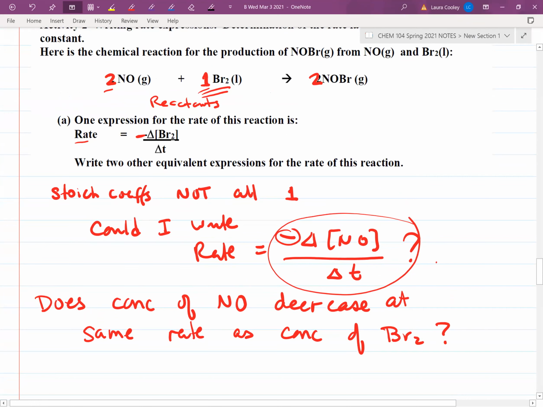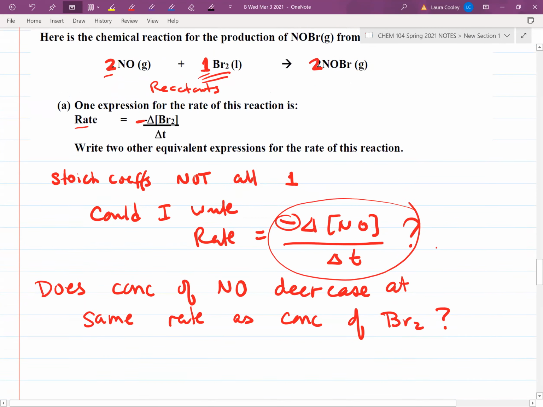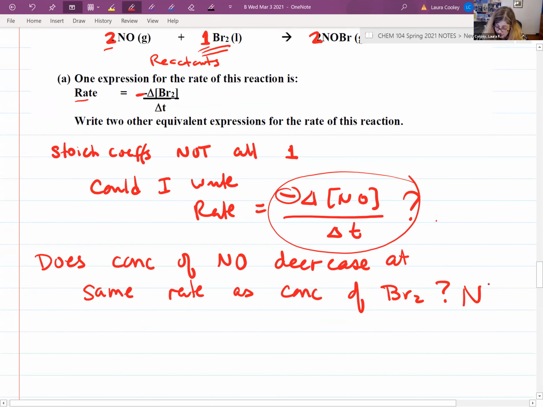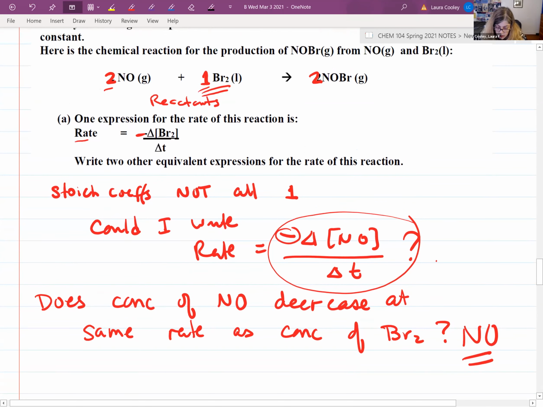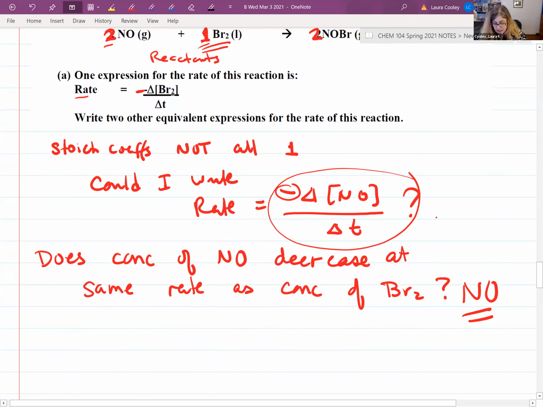No. Was that a yes or a no? No. Somebody said no. Yes, the answer is no. If it wasn't no, I wouldn't even be telling you about this. But the reason why it's no is because 2 NOs react with every 1 bromine. So that means you're losing NO at twice the rate that you're losing the bromine. So they're not equal to each other.